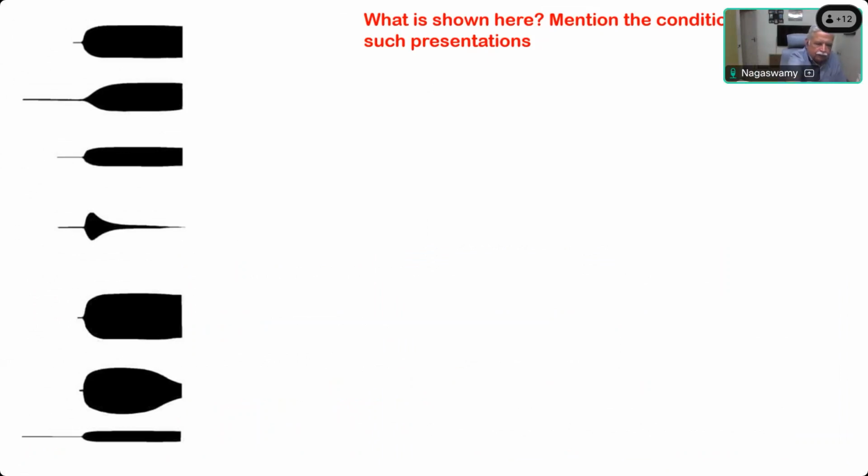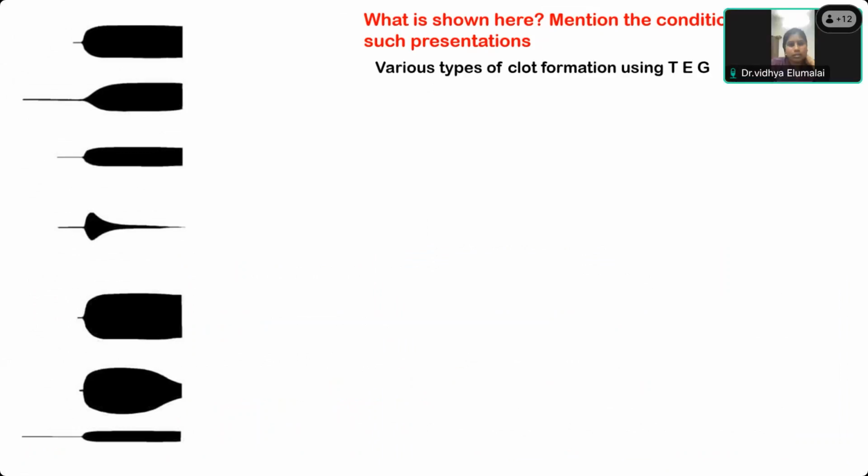Instead of maintaining the same width, it's going down. That means initially the clotting is good, then it decreases. In which condition will this happen? DIC, disseminated intravascular coagulation. Last one, hypocoagulation.